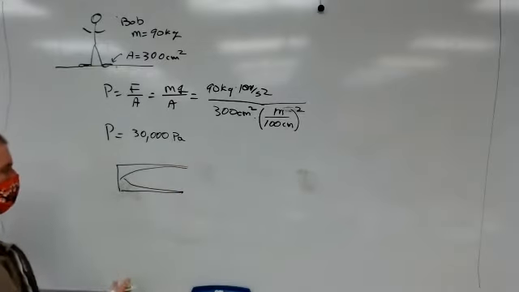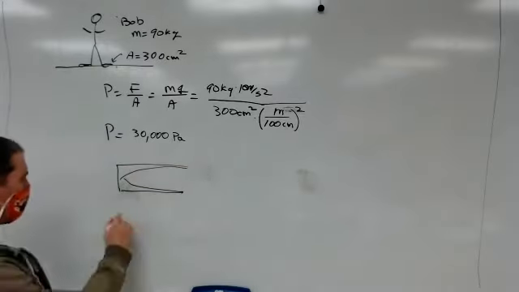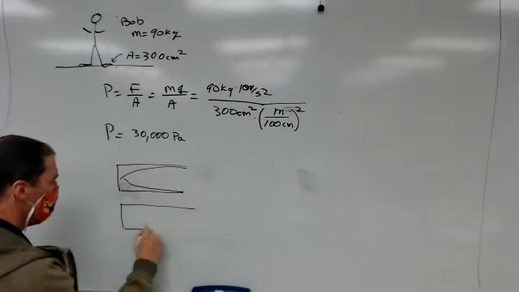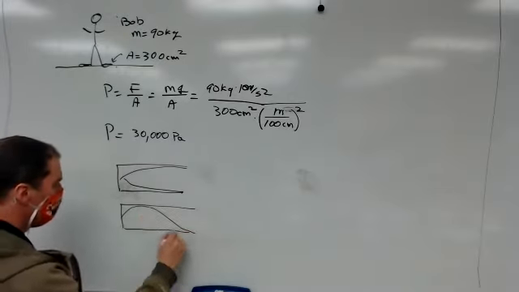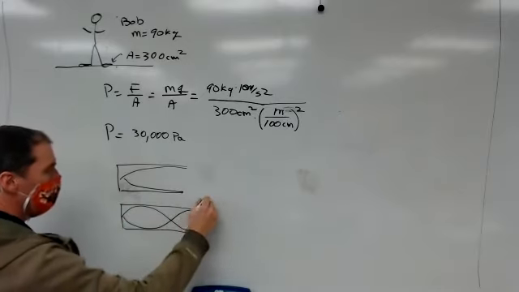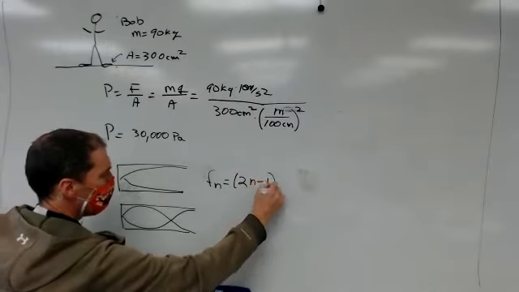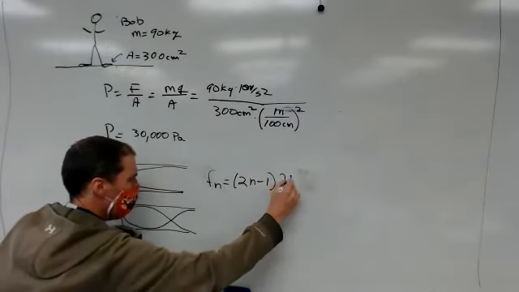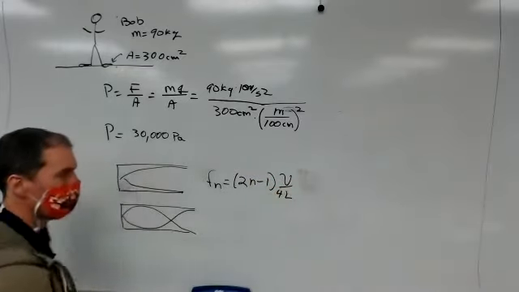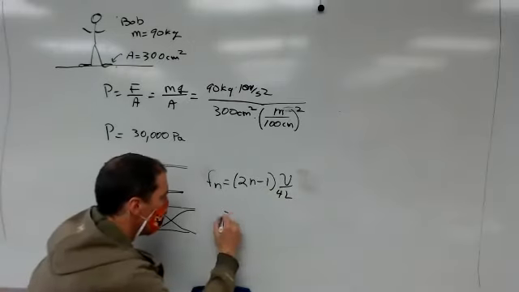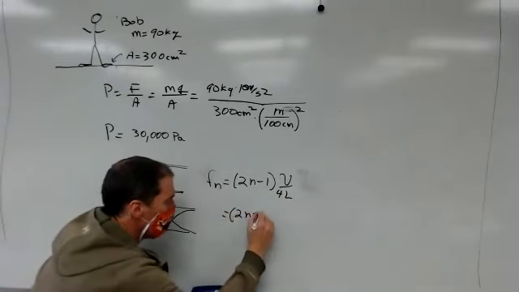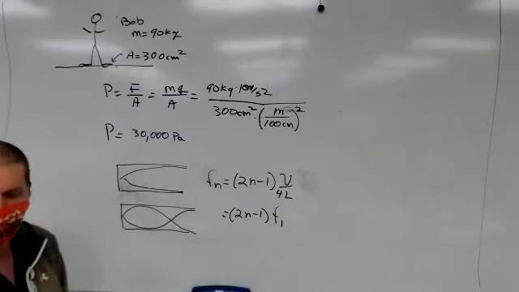Yeah, and then there's all the different frequencies as there's more waves. So this one is, the next one is like this, and the nth one is 2n minus 1 times v over 4L. So that's, or it's equal to, 2n minus 1 times f1.